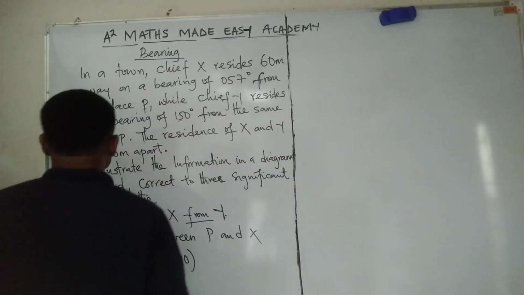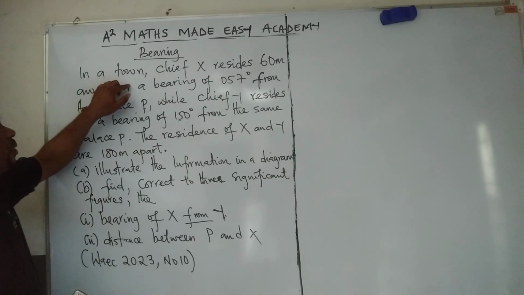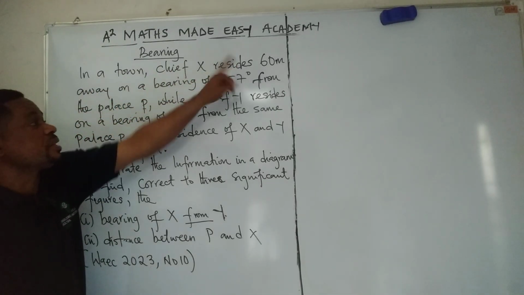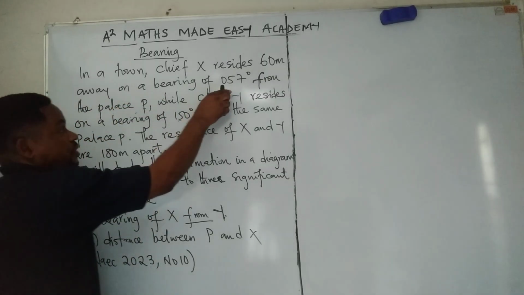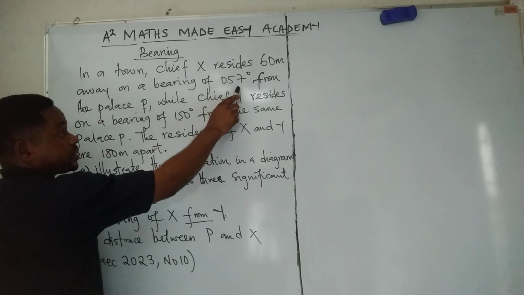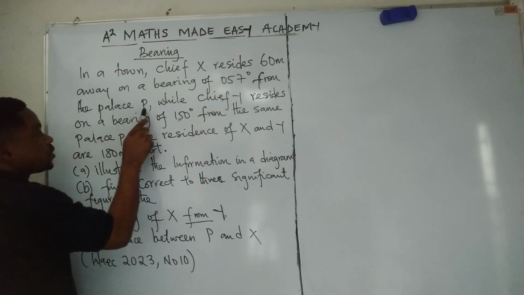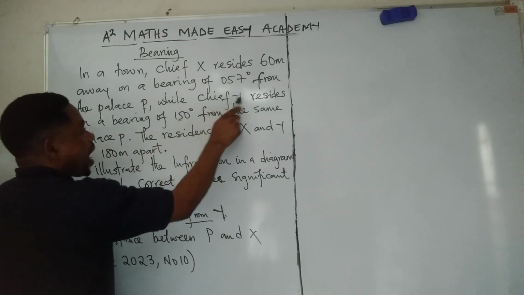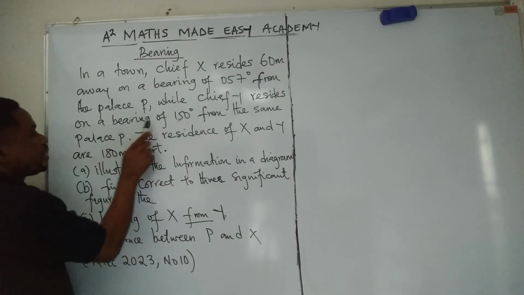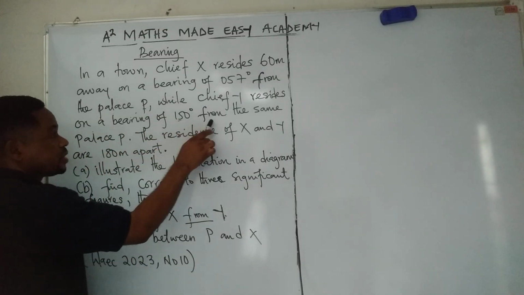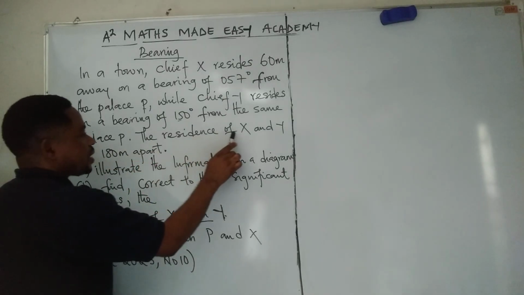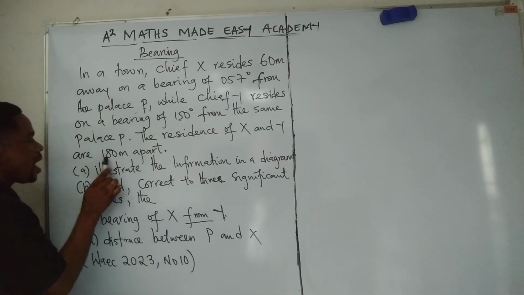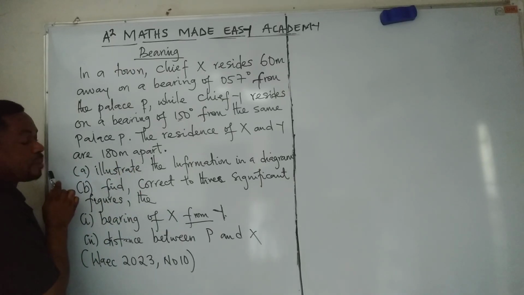Now look at this question. The question says, in a town, Chief X resides 60 meters away on a bearing of 057 degrees from the palace P, while Chief Y resides on a bearing of 150 degrees from the same palace P. Then the residences of X and Y are 180 meters apart.